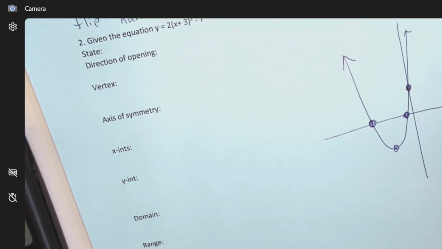So here is my rough sketch, and I'm letting you know that there are going to be four important points: three intercepts, one vertex. Those are all important. Would that be where yours are hitting?